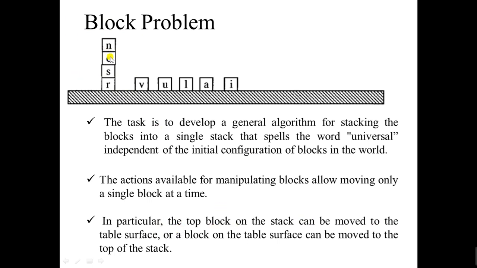The top block on the stack can be moved to the table surface, or a block on the table surface can be moved to the top of the stack. So there are two ways: put a block on the table, or put a block on top of another block. By doing this process, we need to arrange the word universal.